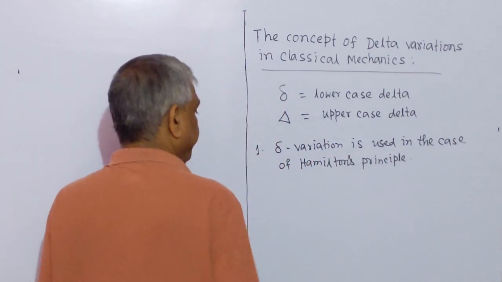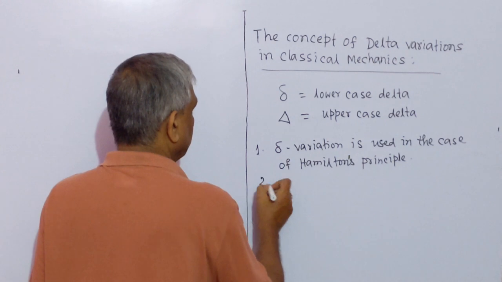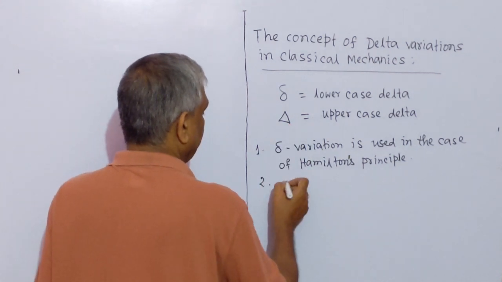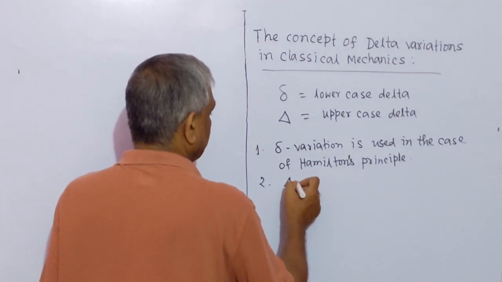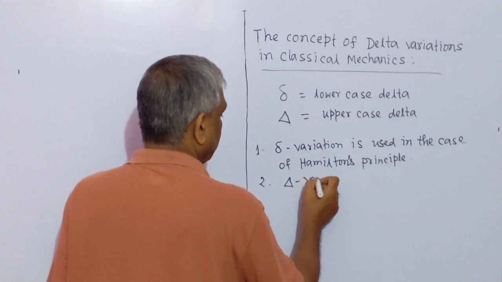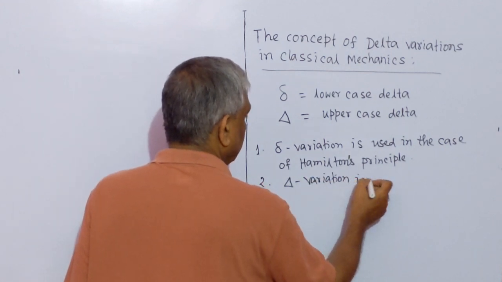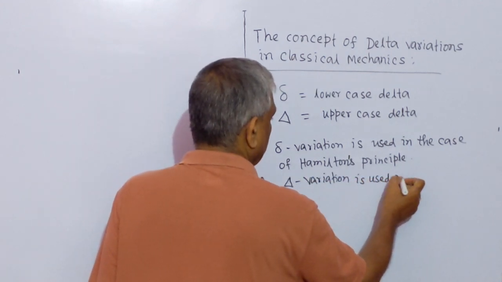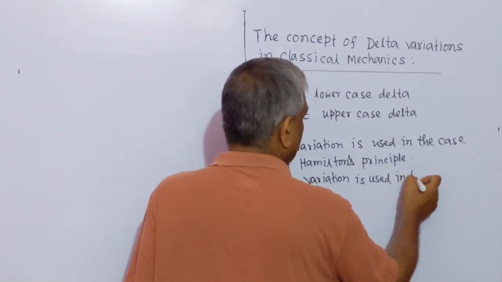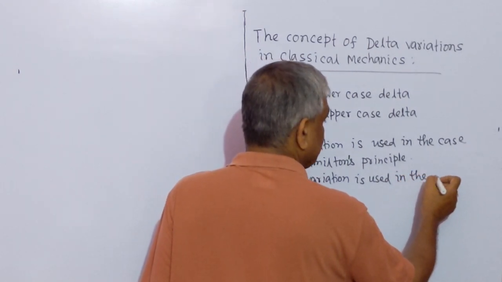This is number one. Number two, this delta, triangular type, this delta variation is used in the case of principle of least action.